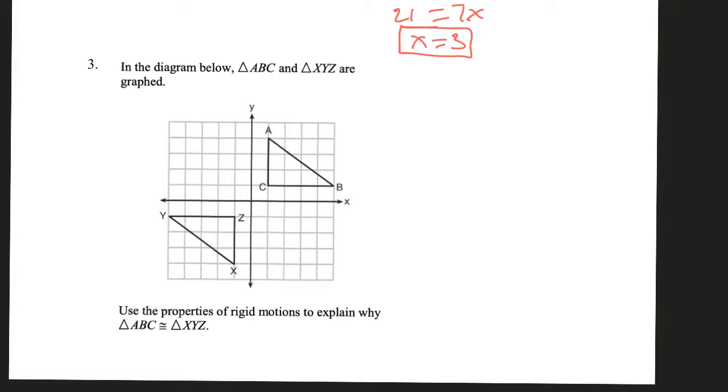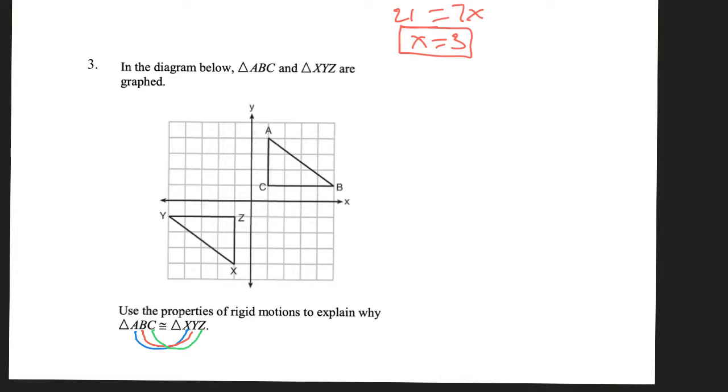So I see, which one of these things are equal to each other? I know that A goes with X, B goes with Y, and C goes with Z.